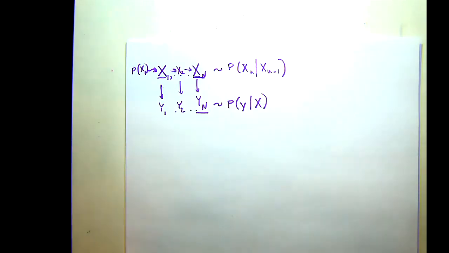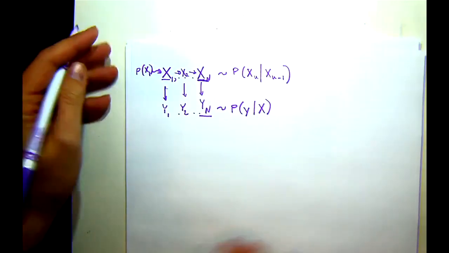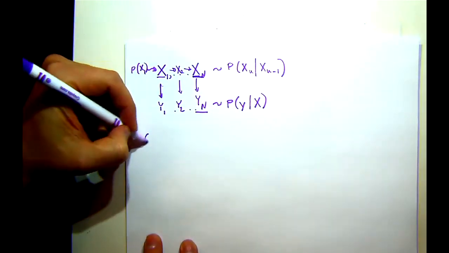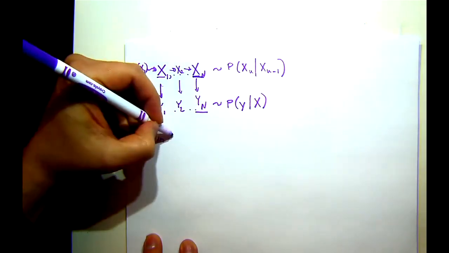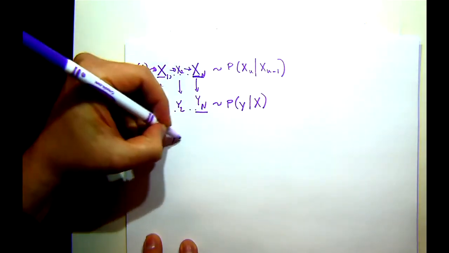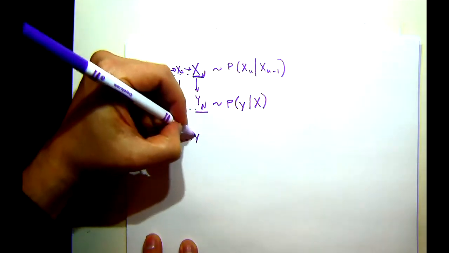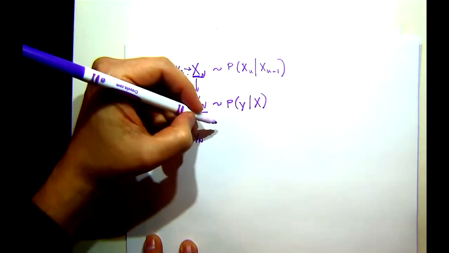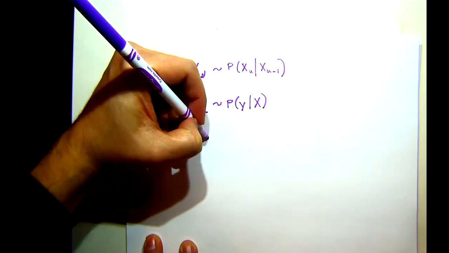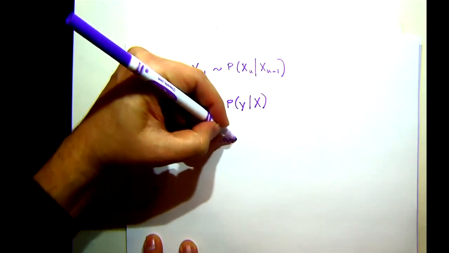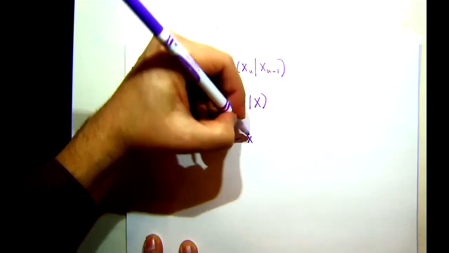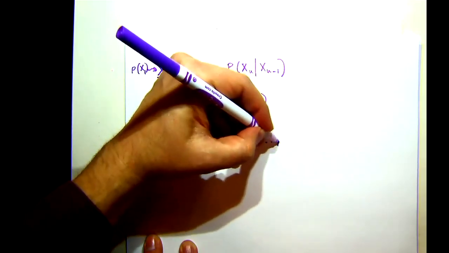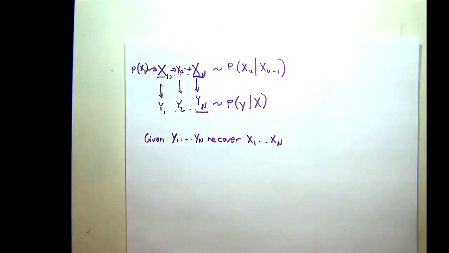Now, one of the things we often want to do is, given a sequence y1 down to yn, recover the x1 to xn. This is the situation where we're trying to recover the text, where the states mean something, so we want to recover that hidden state.